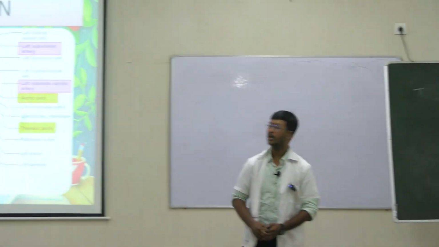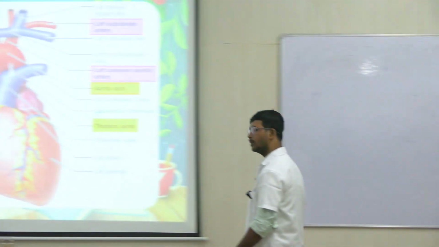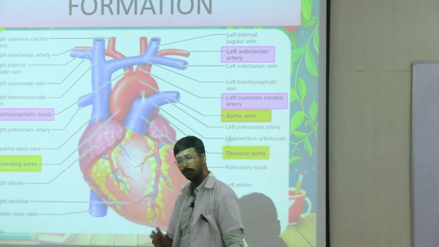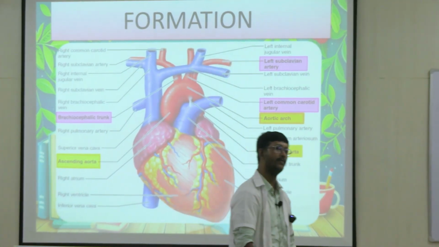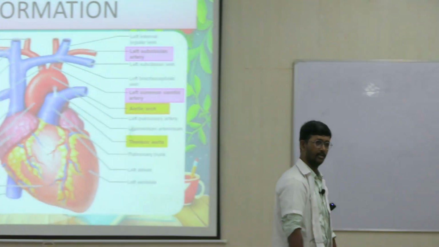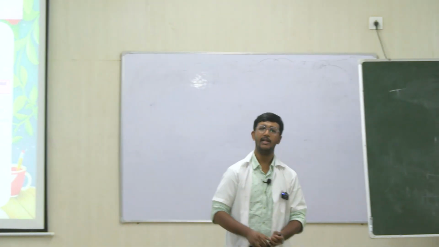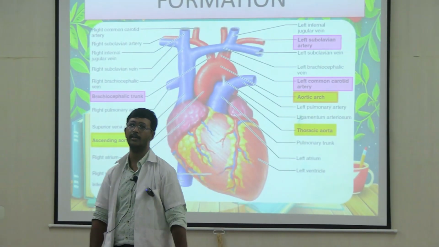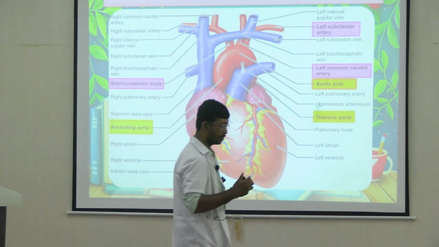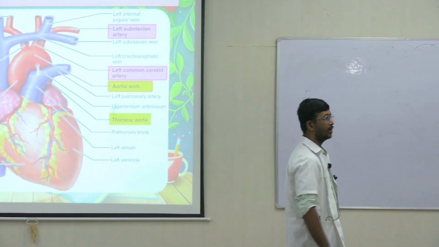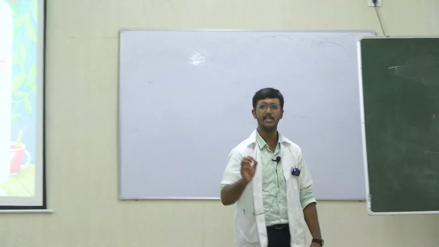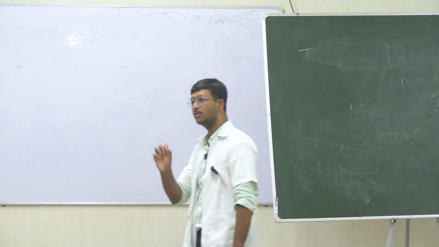Not actually producing, but for the time being, let us think that the heart is the manufacturing unit of the blood. It also supplies the blood to the whole body. Now, it has given certain responsibility to certain major structures.